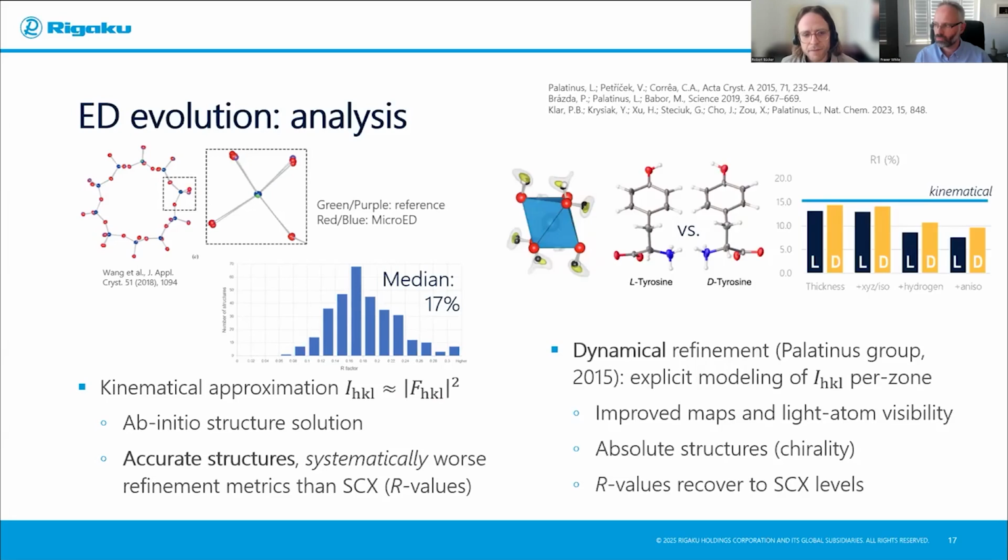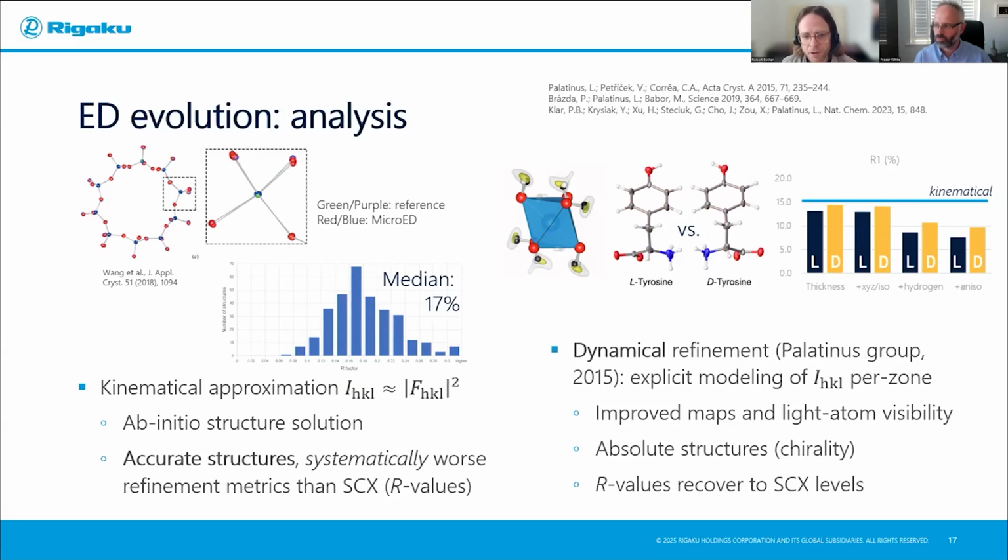On the other hand, if you really want to get the best out of your electron diffraction data, you should explicitly model those intensities using a full dynamical theory that takes into account multiple scattering. Especially the group of Lukáš Palatinus in Prague has done seminal work on this, with a breakthrough paper in 2015.